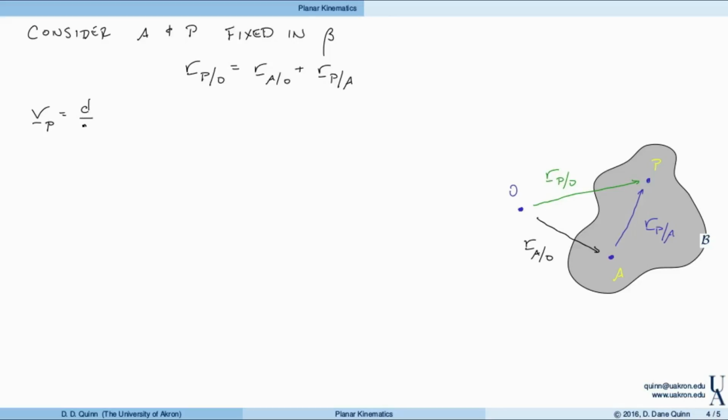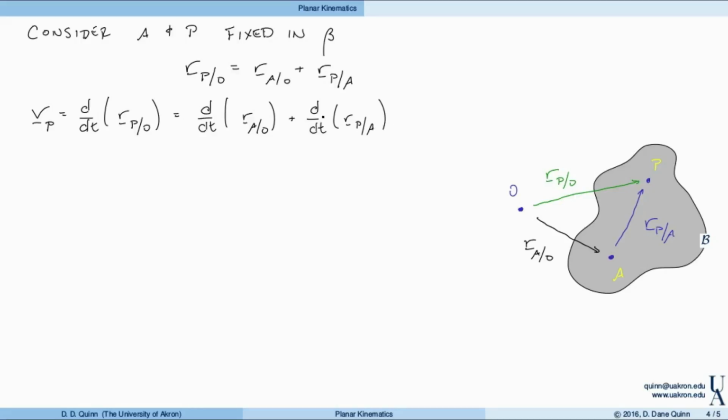So it's the derivative of the position of P with respect to O, and again, we're taking the velocity in terms of the ground. O is fixed in the ground, P is the point we're interested in. Let's write that using this vector equation: it's the change in r of A with respect to O plus the change in r of P with respect to A.